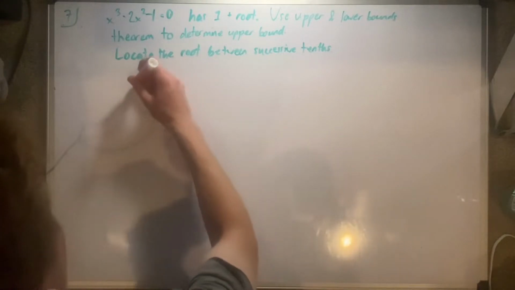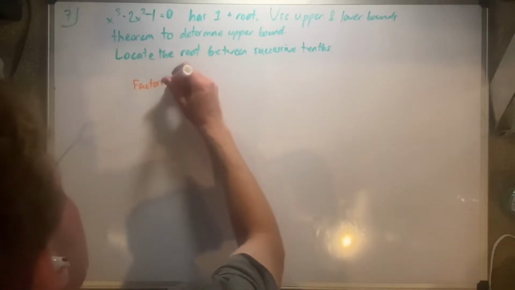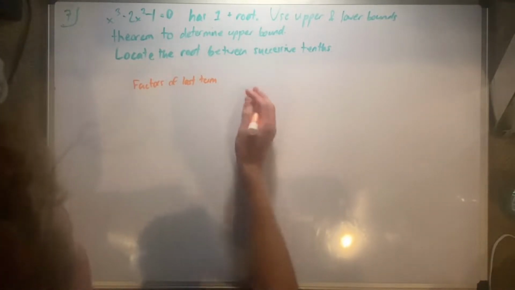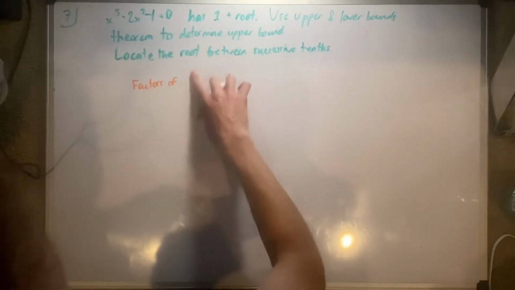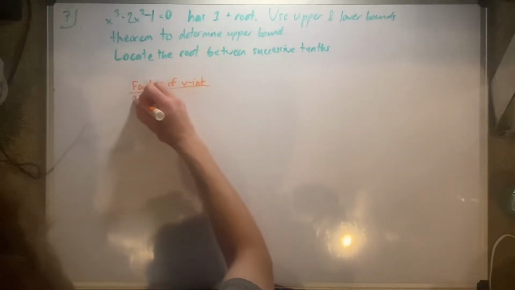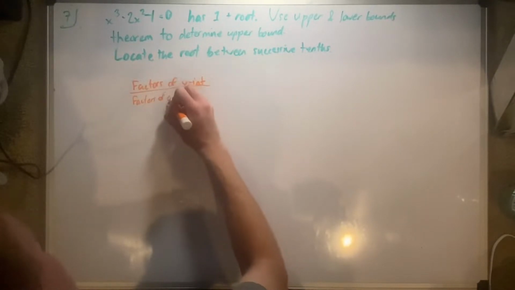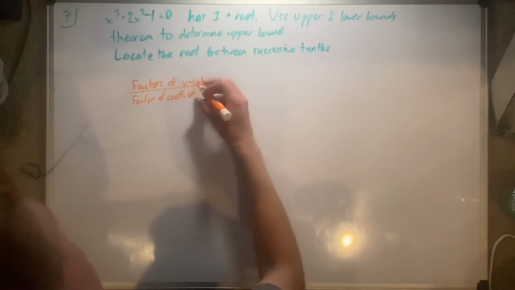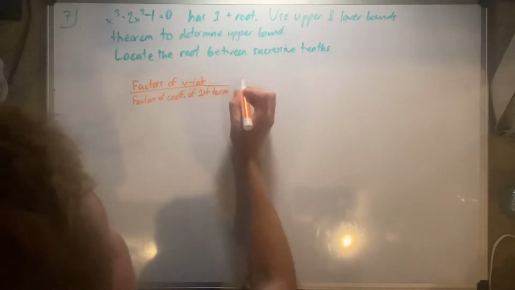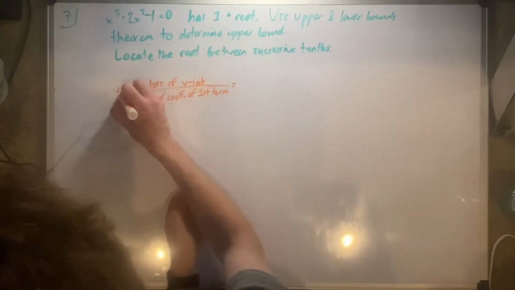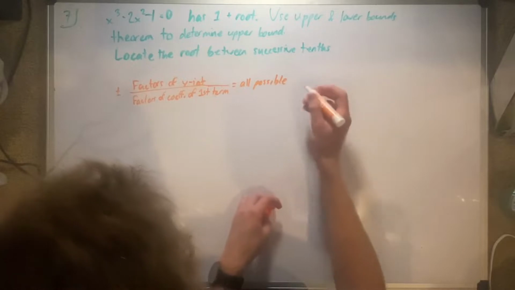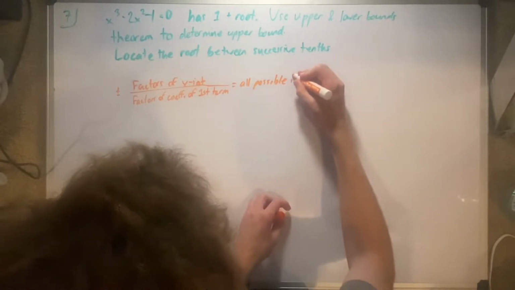We can take all of the factors of the last term, well, the factors of the y-intercept is the word I'm going to use, divided by factors of the coefficient of the first term, is equal to, and then this is a plus or minus, all possible integer roots.